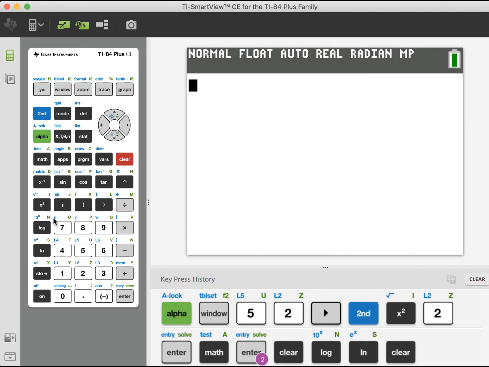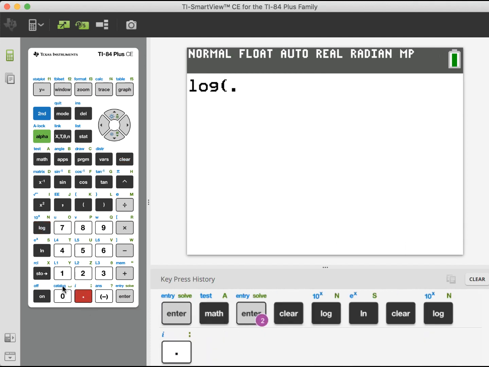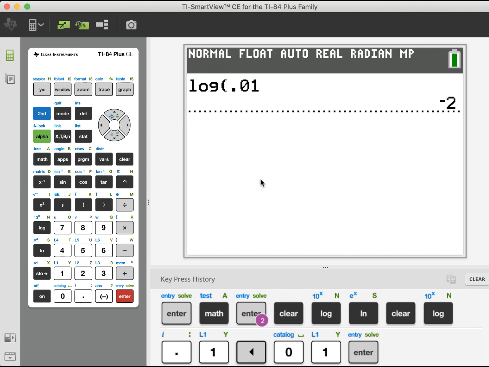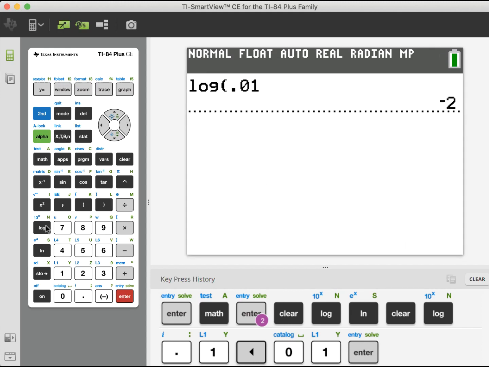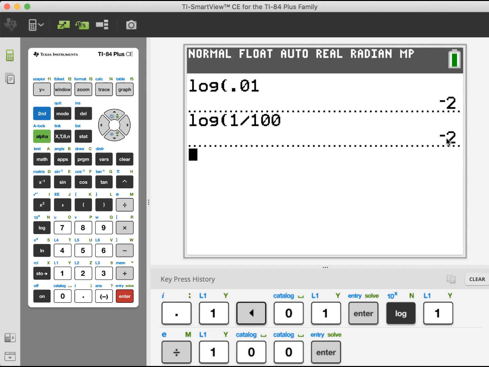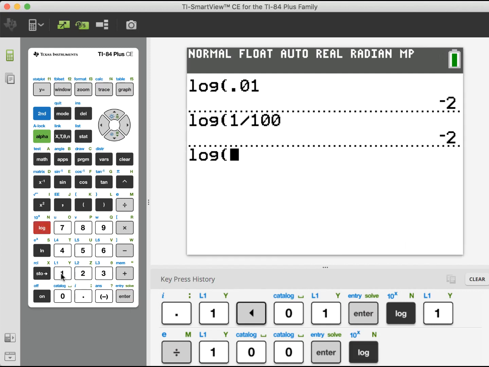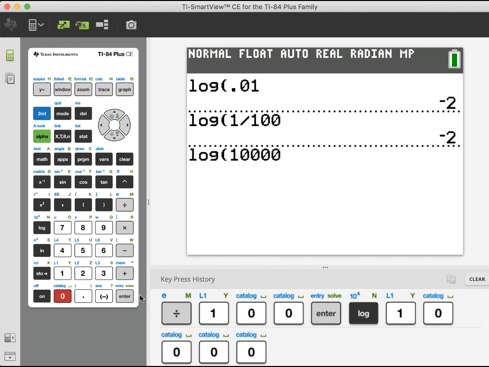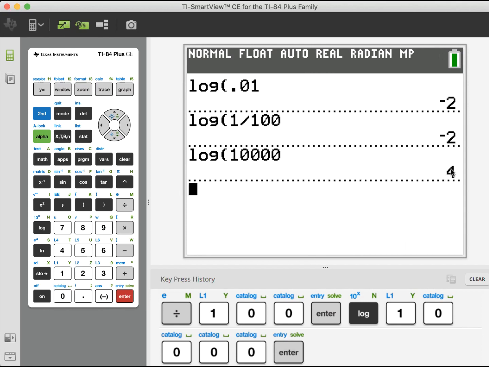So let's go ahead and evaluate these, starting with log 0.01. So log 0.01 gives me -2. Log of 1 over 100 is actually the exact same thing as log of 0.01, so that gives me -2. And then, of course, log of 10,000 gives me 4. Wonderful.